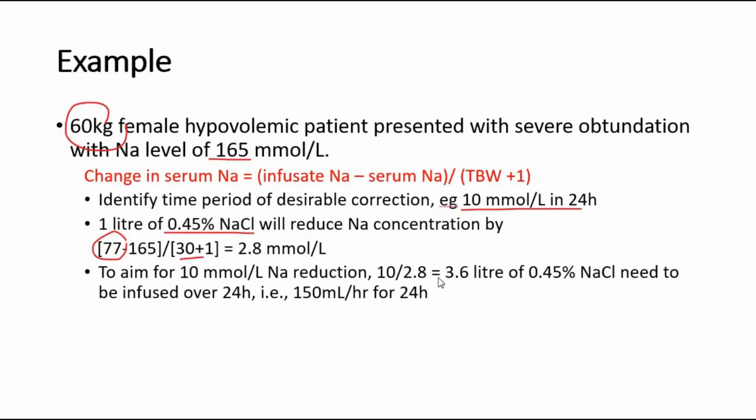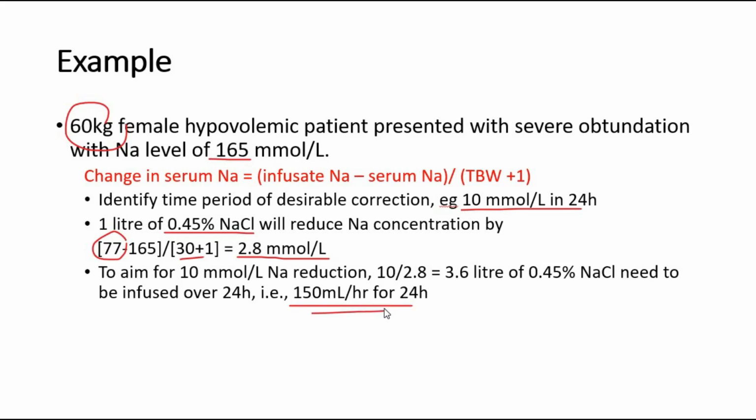To aim for a 10 millimole per liter sodium reduction, 10 divided by 2.8 will get 3.6 liter. So 3.6 liter of 0.45% sodium chloride needs to be infused over 24 hours. So the infusion rate is 150 milliliters per hour for 24 hours.